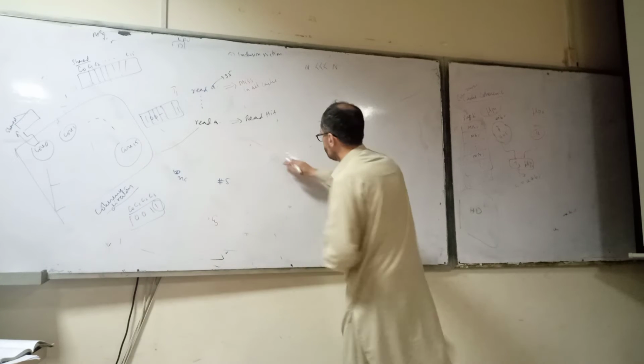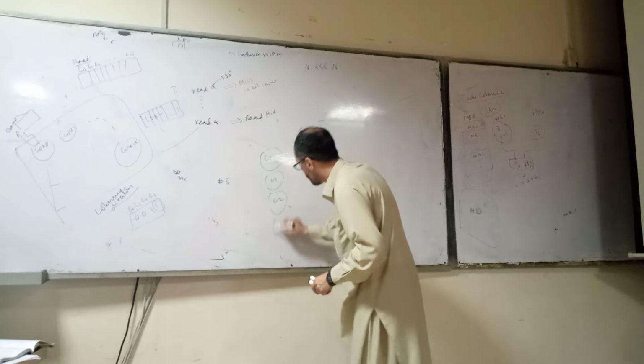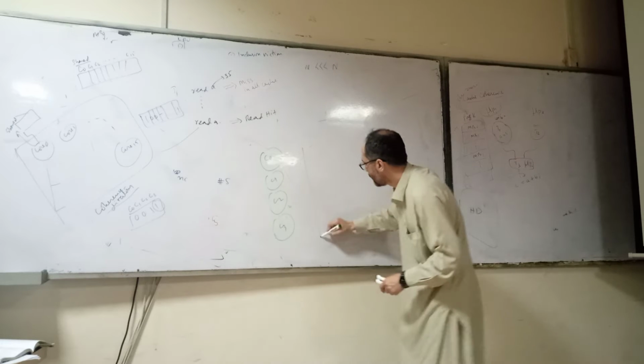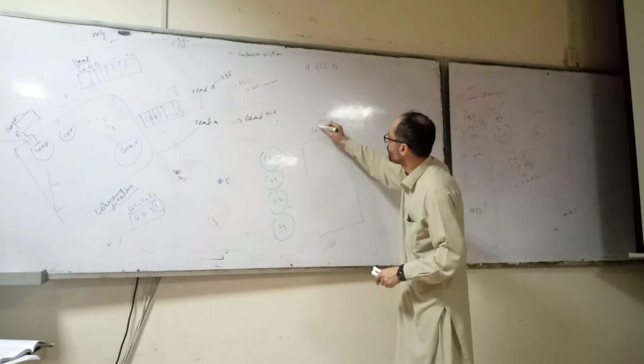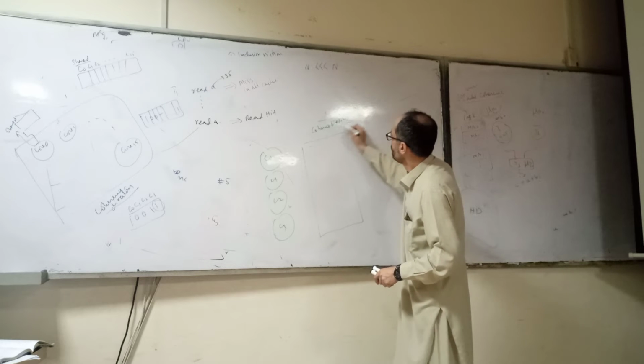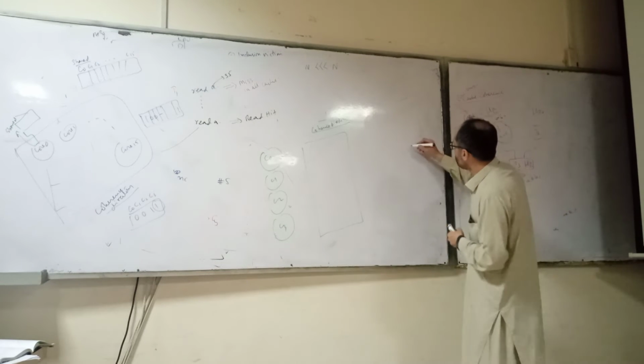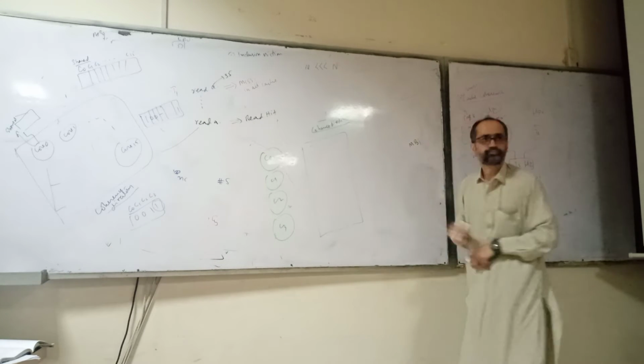Now let's assume that there are 4 cores: core 0, core 1, core 2, and core 3. And now we have a coherence directory. Actually, and now we have some main memory block J. There is a miss.